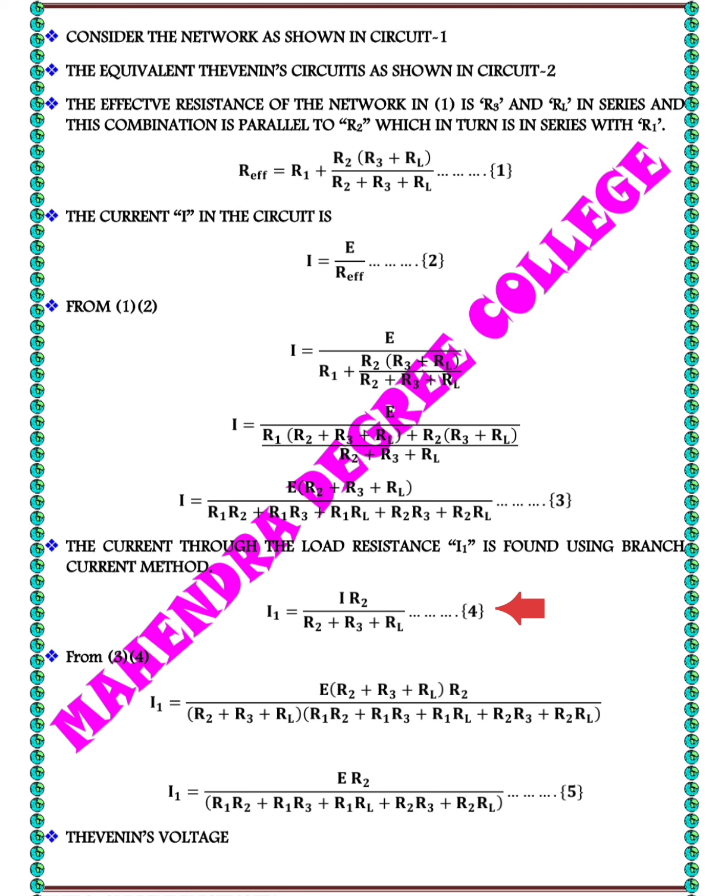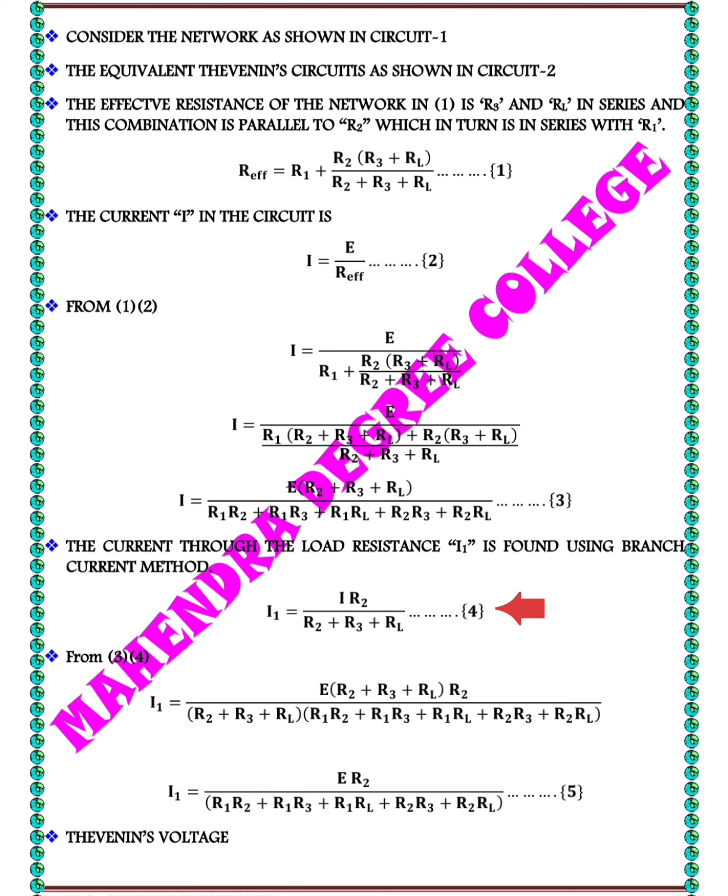The formula shown represents a way to calculate current division in a parallel circuit. Specifically, it calculates the current I1 flowing through resistor RL in a circuit with multiple parallel resistors, where I1 is the current flowing through resistor R2.